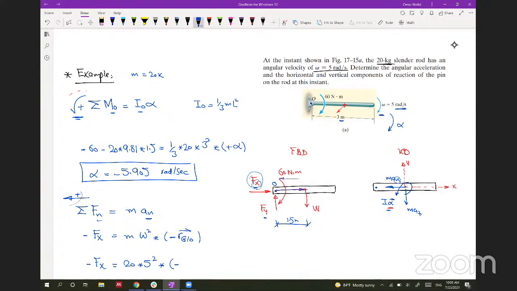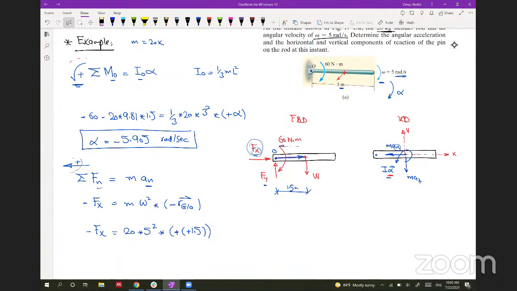So negative multiplied by r_G with respect to O, it's equal to negative 1.5, because this is in this direction and this is our positive direction. So negative multiplied by negative will give you a positive. So Fx will be equal to negative 750 Newton.